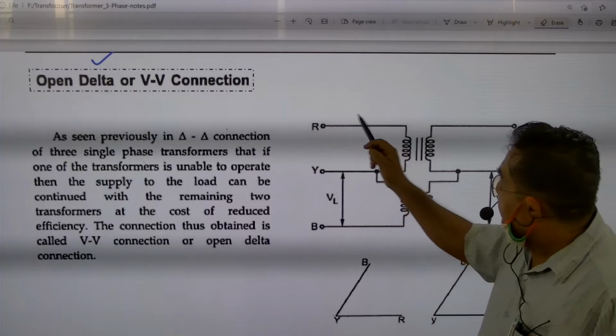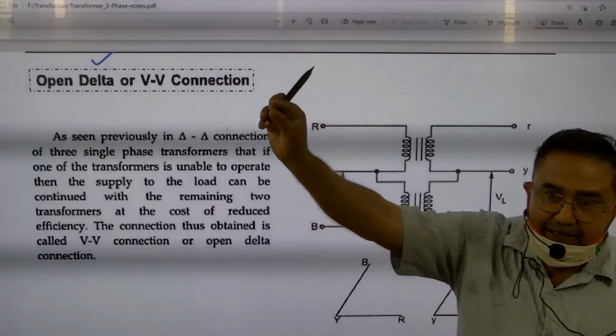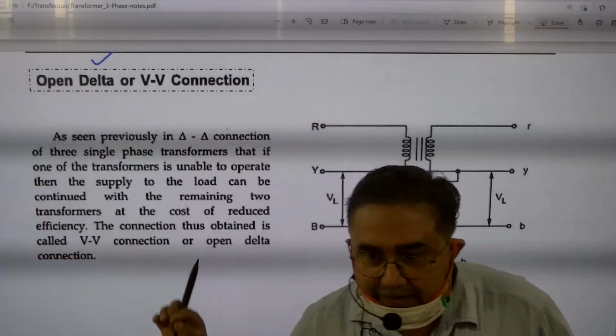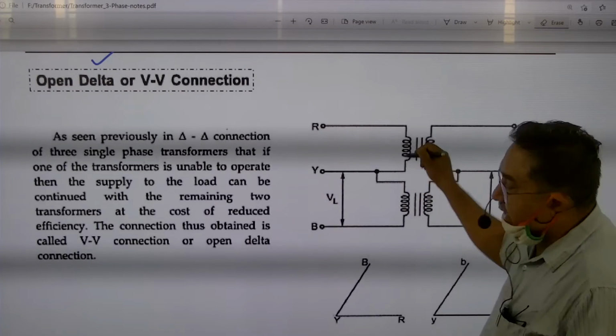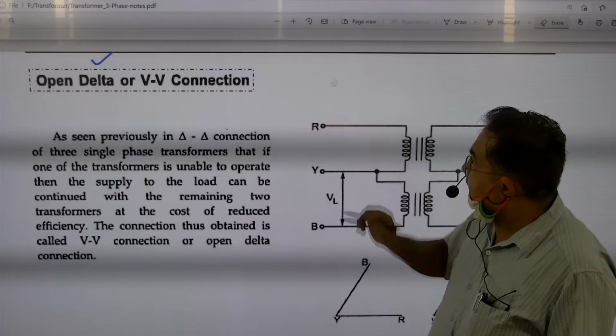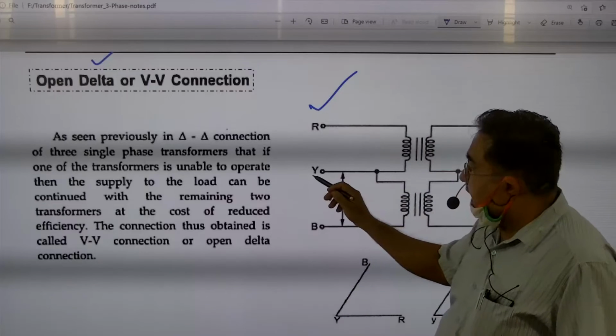Okay. अब हम R, जनरली पहले हम क्या करते थे, एक वाइंडिंग के एक एंड को R दे दिया, दूसरी वाइंडिंग के एक एंड को Y दे दिया और तीसरी वाइंडिंग को B दे दिया. अब हम क्या करेंगे, जो एक वाइंडिंग है इसके एक एंड को क्या दे दिया? R. दूसरा एंड उसको क्या दे दिया?